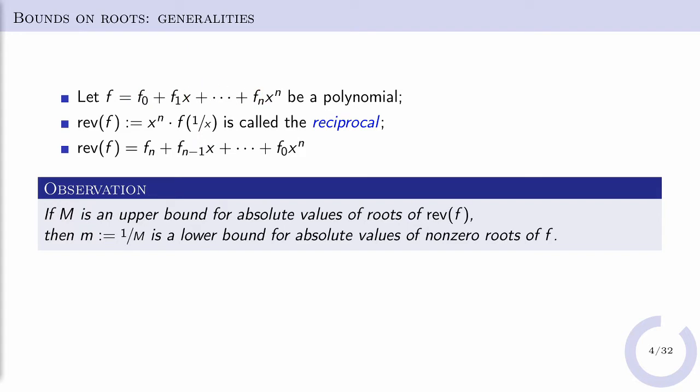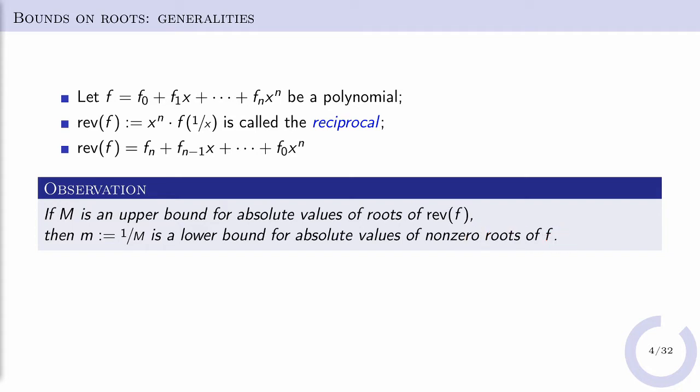So consequently, if m is an upper bound for the roots of the reciprocal polynomial, so if m bounds the inverses of roots of f from above, then the inverse of m must bound the absolute value of non-zero roots of f.